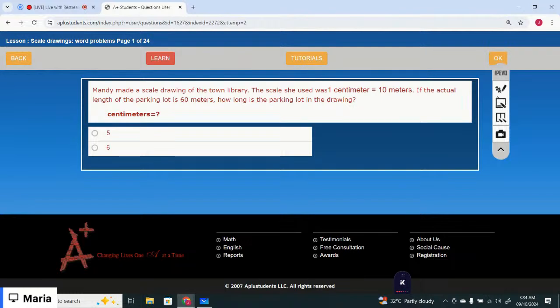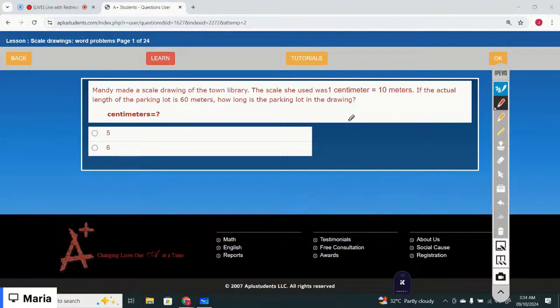Okay, the scale used is 1 centimeter to 10 meters, right? If the actual length is 60 meters, you need to find how long the parking lot is in the drawing. So that is the scale. 10 times 6 is 60, right? So for this one you have to do 1 times 6, so that is 6.